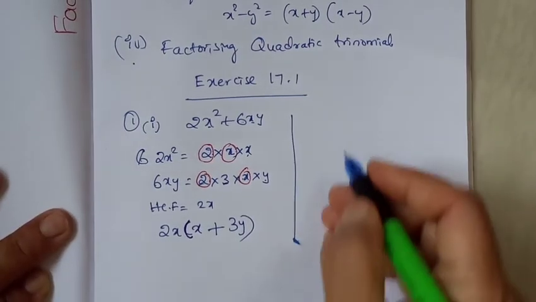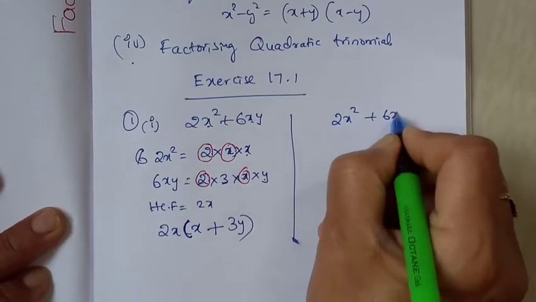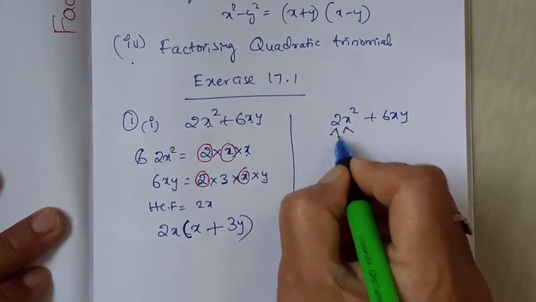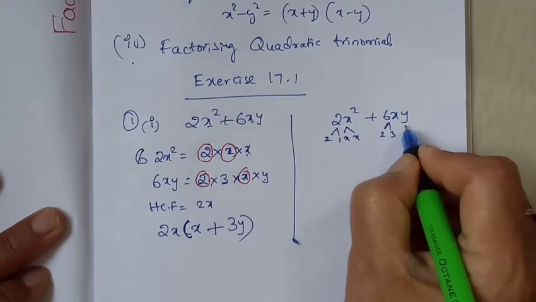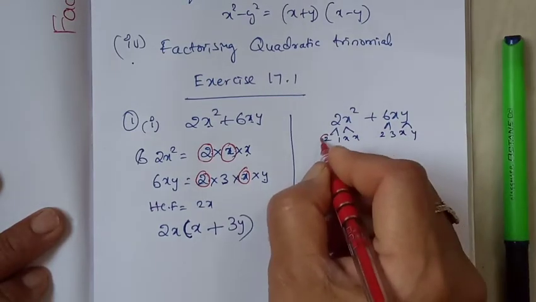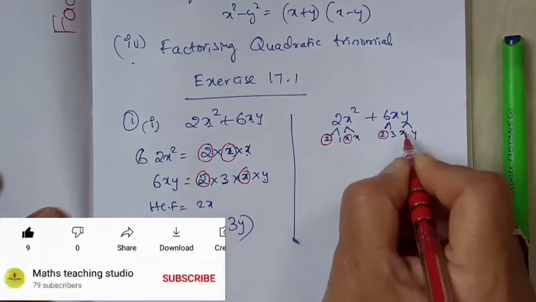So the other method is 2x square plus 6xy. Here we can split 2x square into 2 into x into x, and split 6xy into 2 into 3 into x into y. This is also easy. 2 is common, x is common.